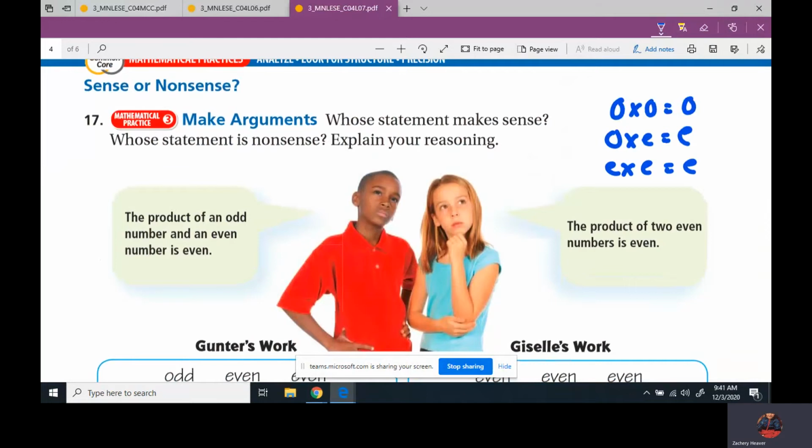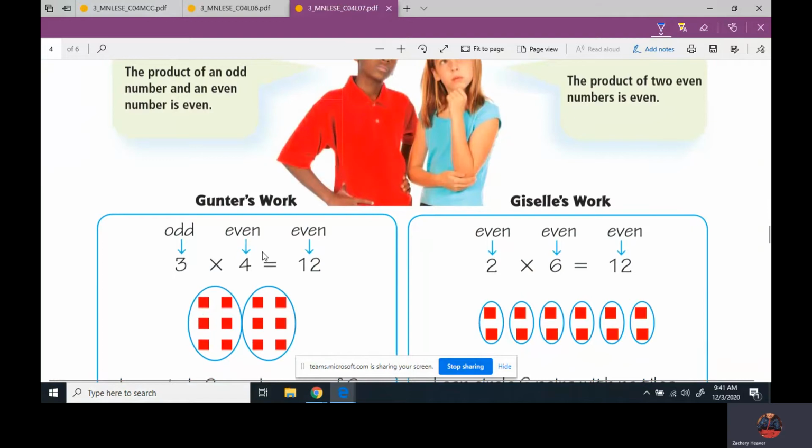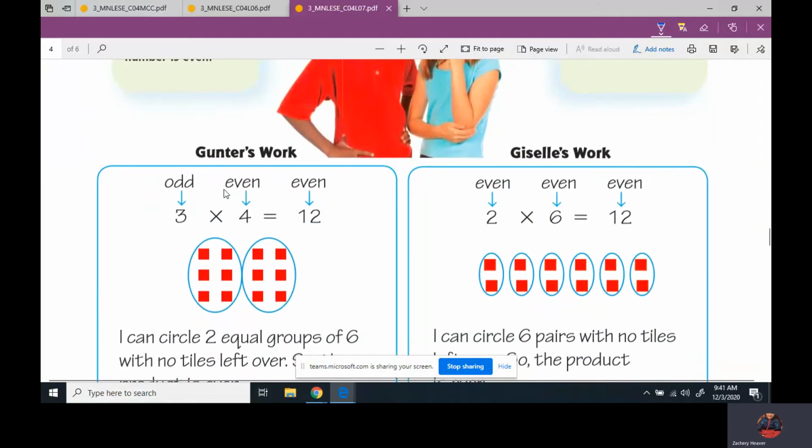Right here. So the only time we ever get an odd number is when it's odd times odd. So Gunter's saying odd times even makes even. 3 times 4.